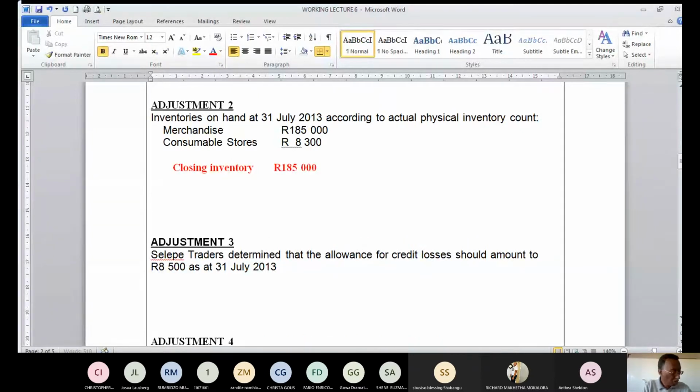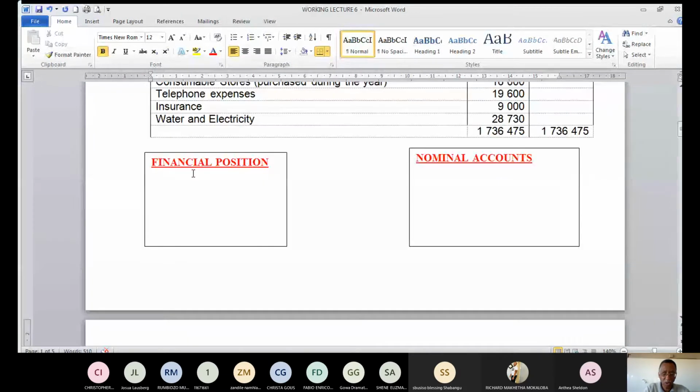We have also got consumable stores on hand. Consumable stores are either packing material or stationery that we've got on hand at the end of the financial year. So how does this now impact on my trial balance? Remember, an adjustment will impact on my statement of financial position as well as on my nominal accounts. So let us take a look at our statement of financial position first.